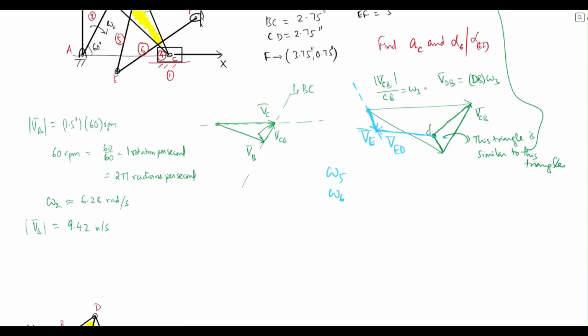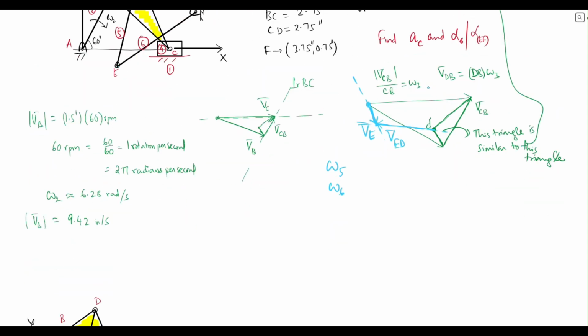We already got the omega of 3. 5 and 6 we can obtain based on VED magnitude divided by DE, and this would be VEF magnitude divided by the length EF. These are all now known quantities.